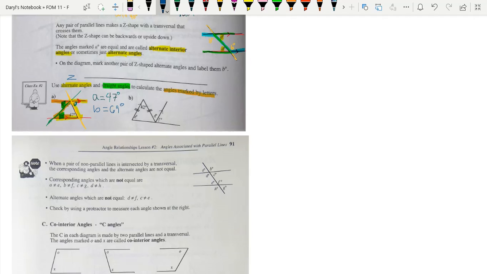And now for angle C. Angle C is this small angle here. So the angle that makes up these two transversal lines, the green transversal line and this yellow, or orange, transversal line. Okay, so that particular angle.